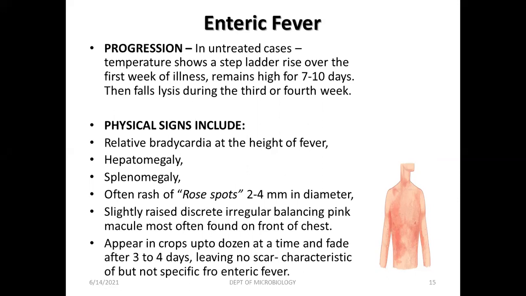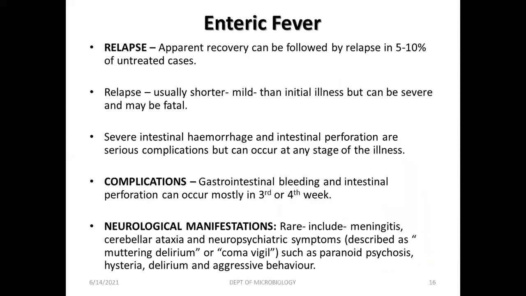These are salmon colored maculopapular rash on the chest and trunk, usually seen in 30% of patients. This can appear at the end of the first week. They can appear in crops of up to dozens at a time and fade suddenly within 3 to 4 days. There's no scar left behind. This is characteristic but not specific for enteric fever.